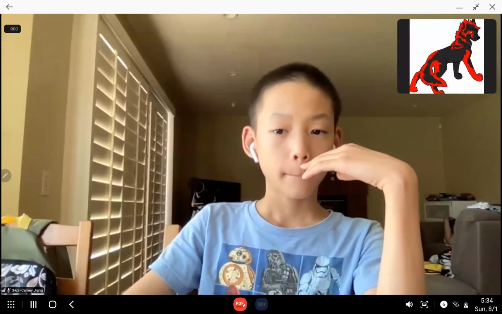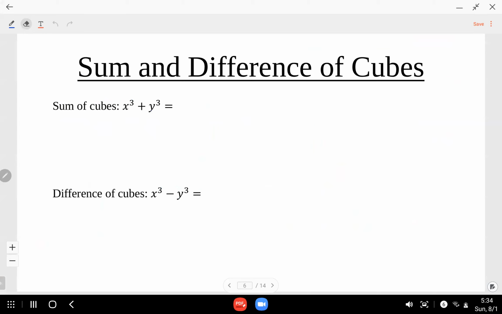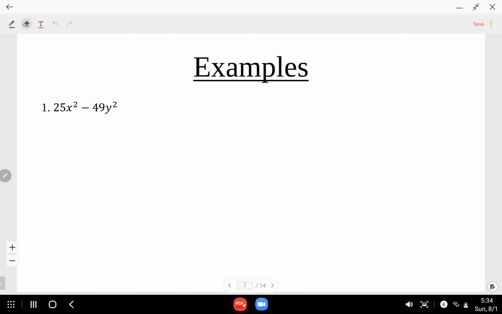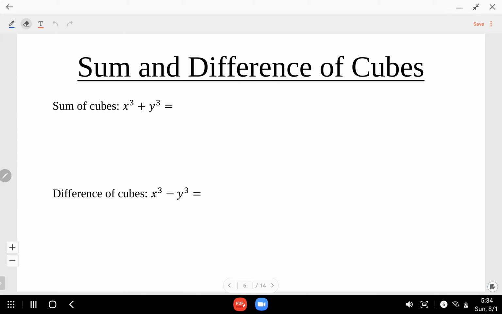So good. Okay, so sum and difference of cubes. This is also extremely important, and whenever you're simplifying things, it would be very important to have this. After this, if you're not familiar with these formulas, I'm going to use some examples, and hopefully you'll understand more once you solve these examples.